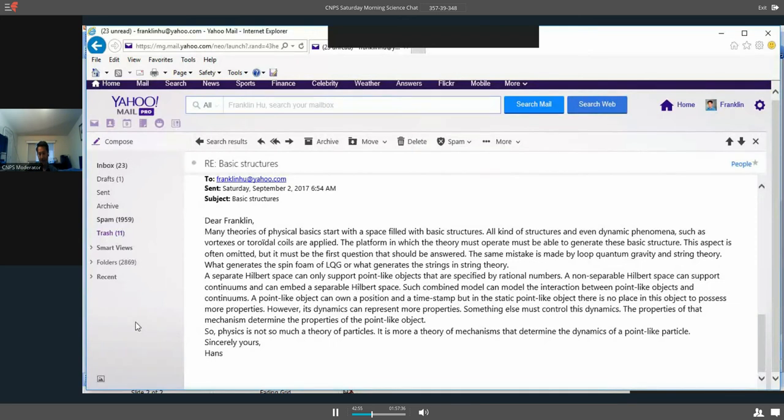Franklin, with such space that it's always discrete. It cannot have a continuum. And in physics, you have, besides discrete spaces, for example the set of all rational numbers, also the continuum of the real numbers.